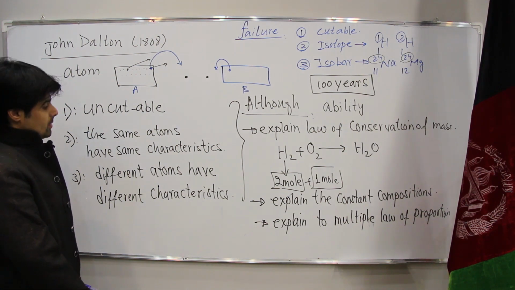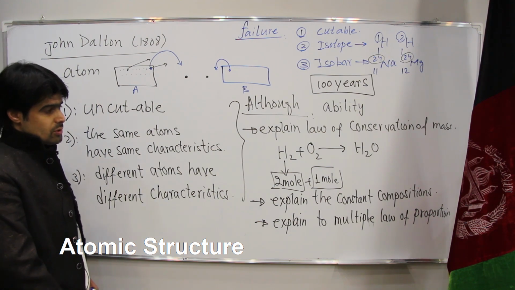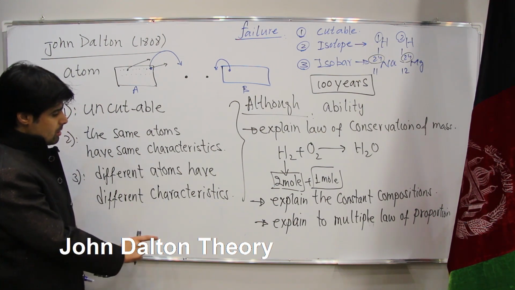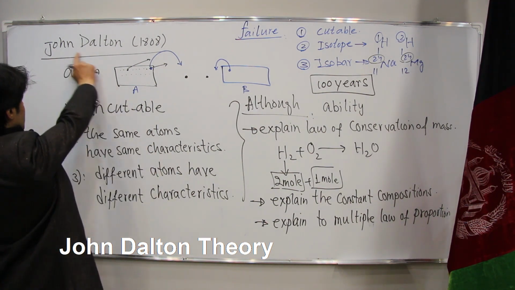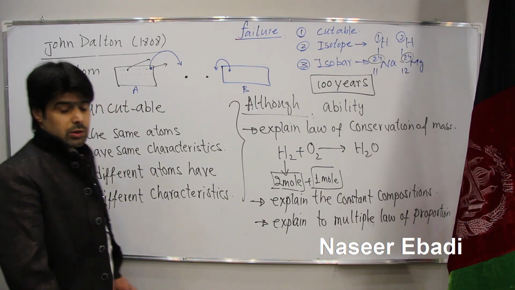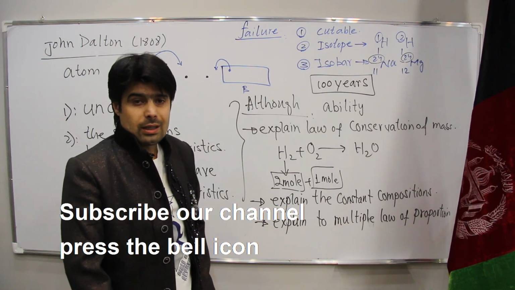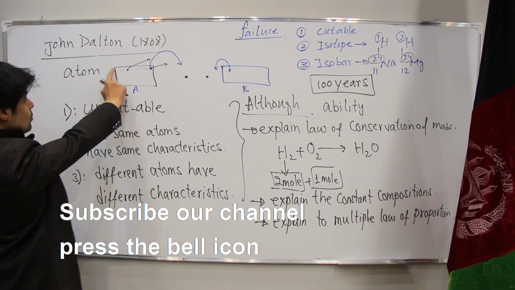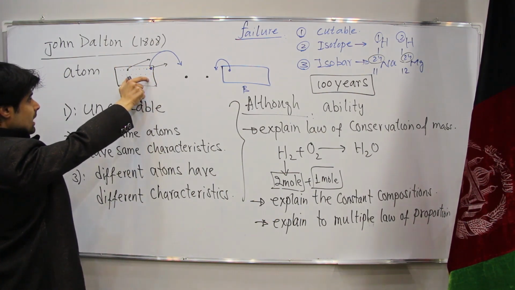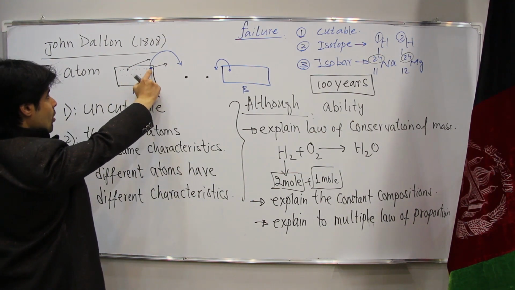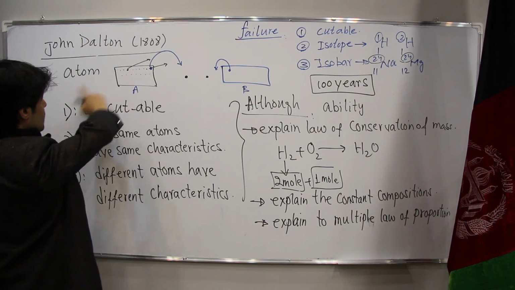Now, what the next lecture is, we will come to, inshallah. But one thing I have to say is that the main development of John Dalton is that he was the first man all over the world who claimed that if you look at a matter, this matter is made of small particles, and that small particle is called an atom.